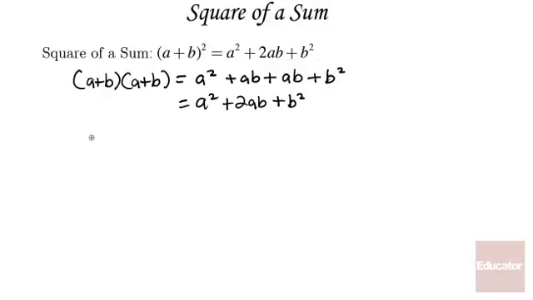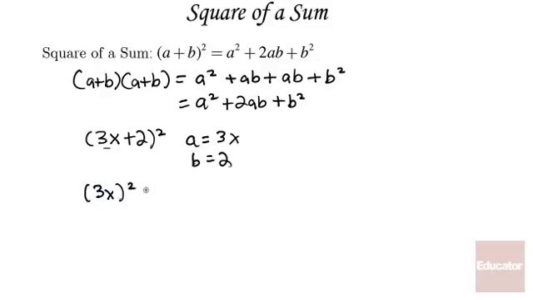An example of this would be 3x plus 2 squared. So this is the square of a sum. What I have then is that a equals 3x and b equals 2. Knowing that and applying this formula, I then have 3x squared plus 2 times a times b, or 2, plus b squared.